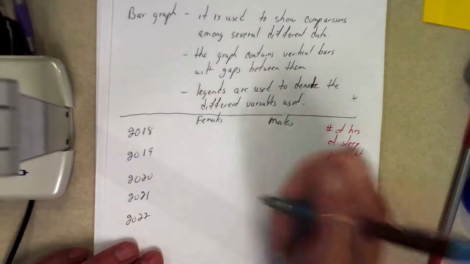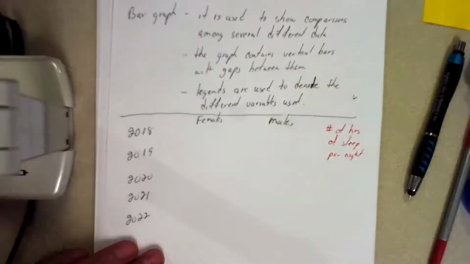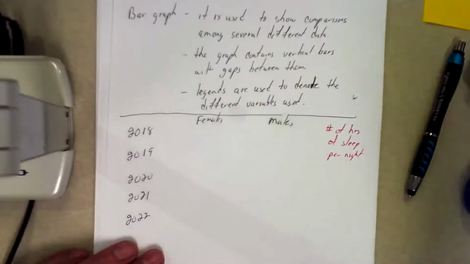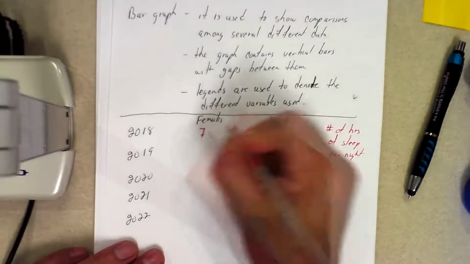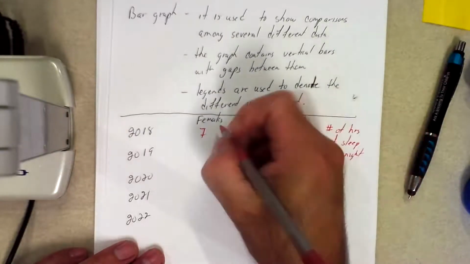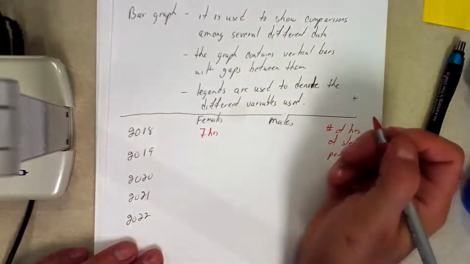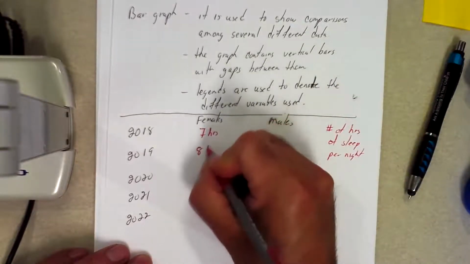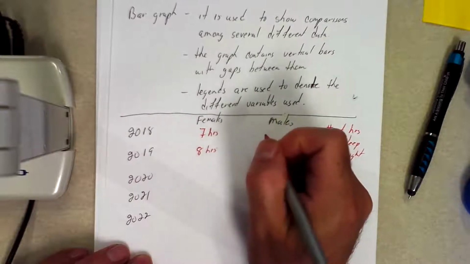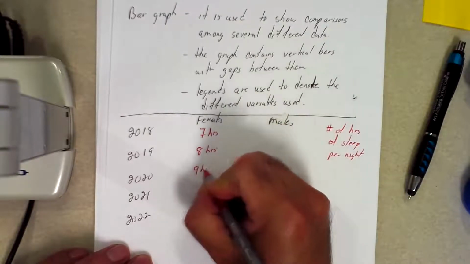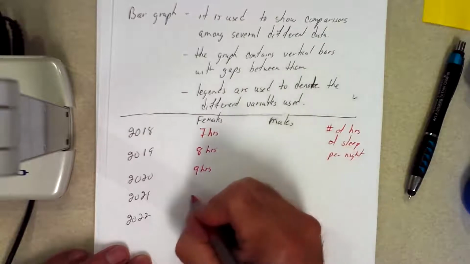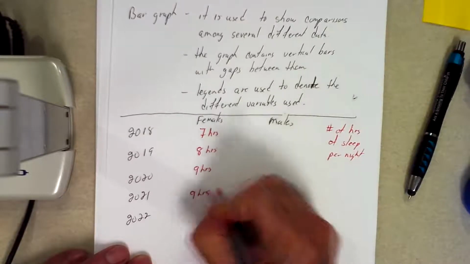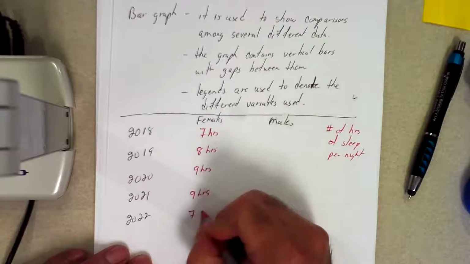So let's say, for example, females said in 2018, they got about 7 hours of sleep per night. 2019, 8 hours of sleep per night. 2020, 9 hours. Of course, the pandemic, right? They got to sleep in more. 9 hours again, and 7 hours.